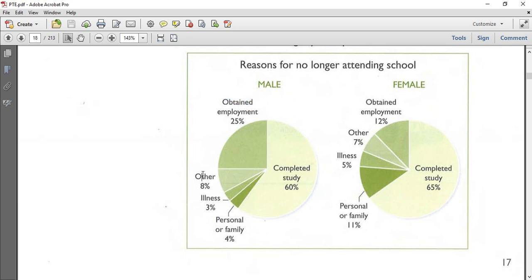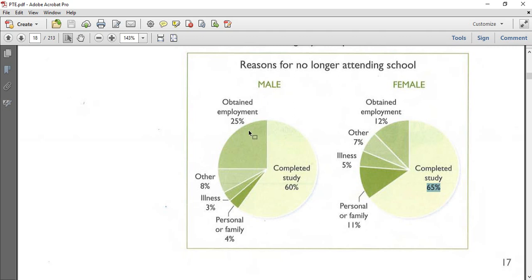So we can first compare the first reason, which is quite similar between male and female. For male it is 60%, for female it is 65%, the reason that they no longer attend school because they completed their studies.